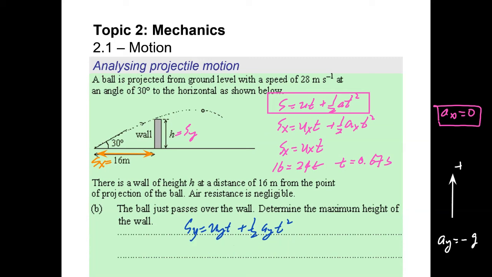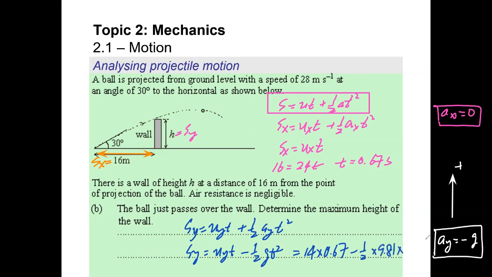Let's plug in: initial velocity in the y component is 14 times the time taken 0.67, minus 1 over 2 times 9.81 times 0.67 squared, and the height equals 7.1 meters.